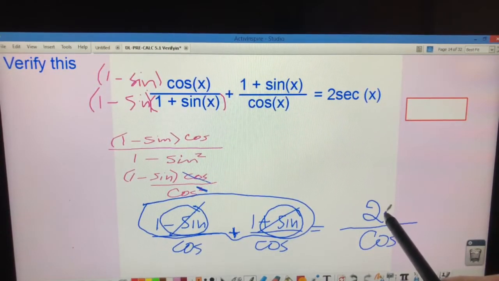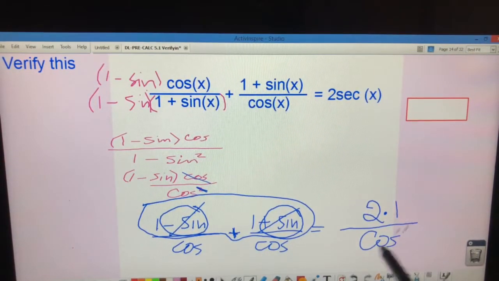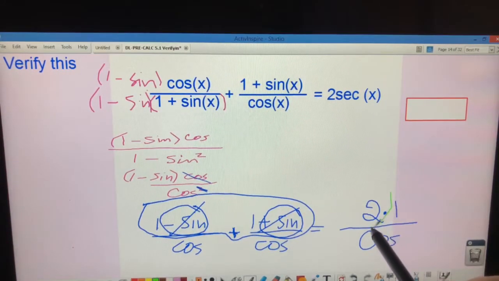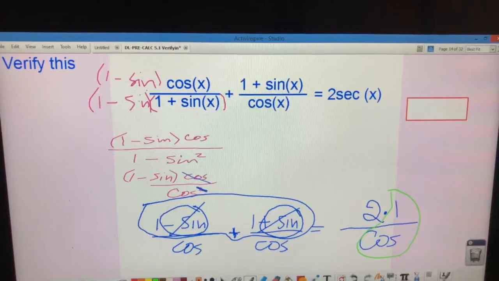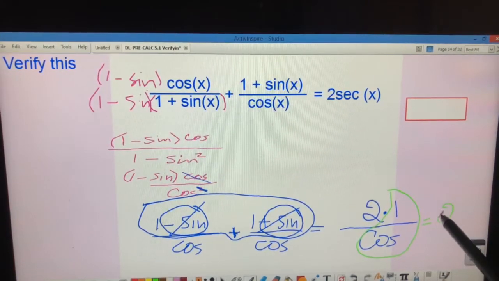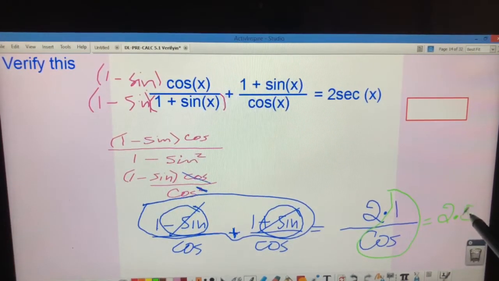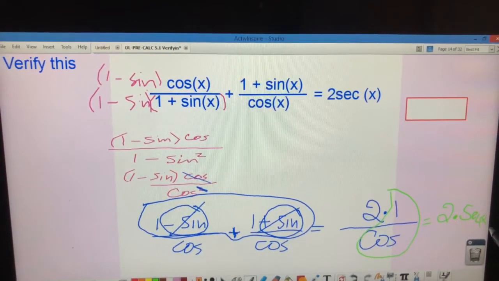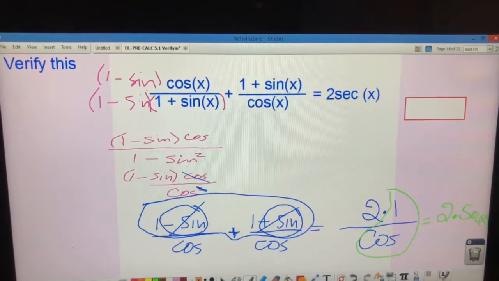This here has its own 2 times 1. Okay? Now, this is called the cofunction, this part. So 1 over cosine is the same thing as secant. So that becomes 2 times secant of x. So that's basically what that is.